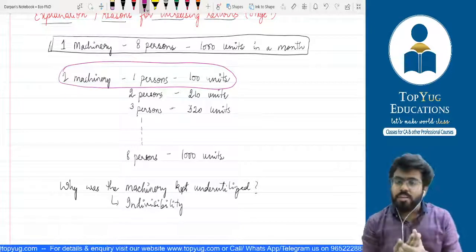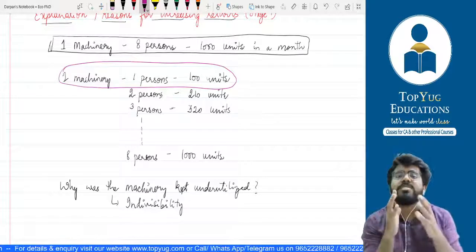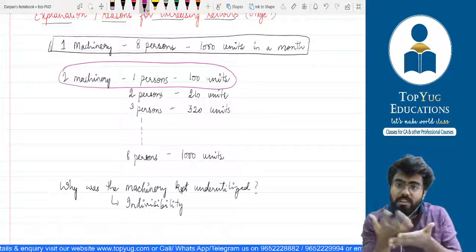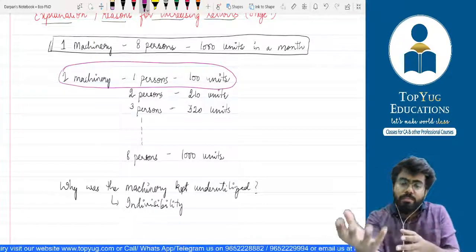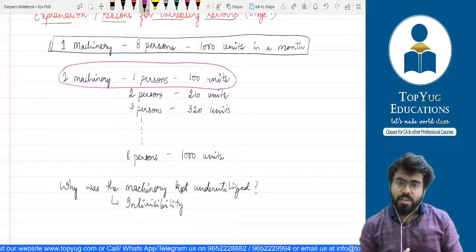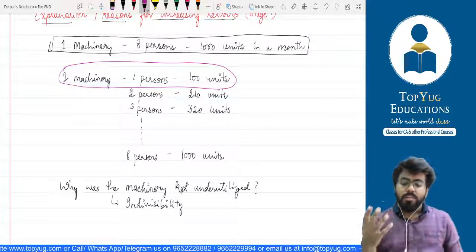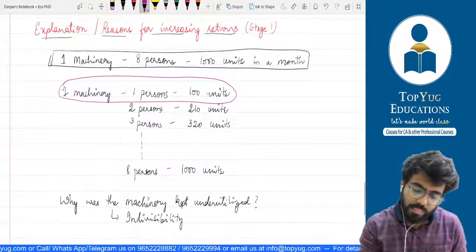So that is the reason of underutilization, that the capital, the machinery that you're purchasing, is indivisible. You cannot divide that, right? You cannot break it into parts and purchase just a part of it. So because of that indivisibility, the underutilization is happening. Okay.